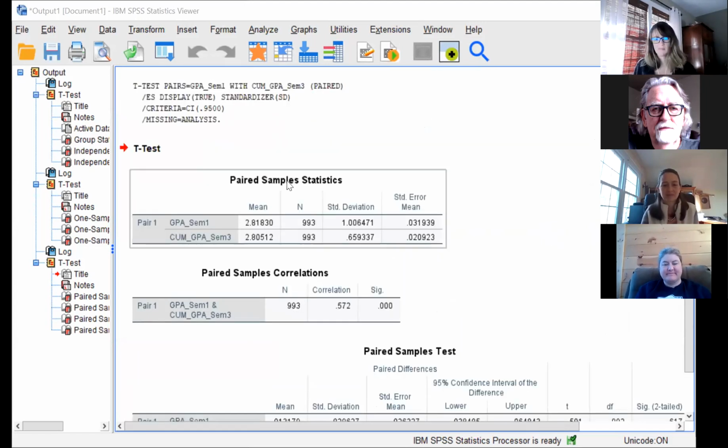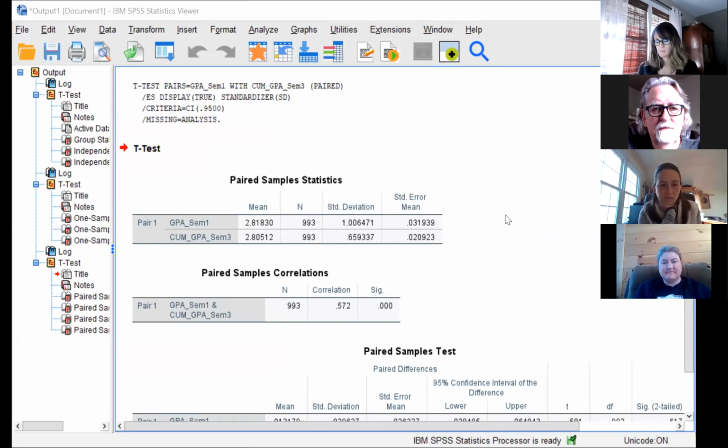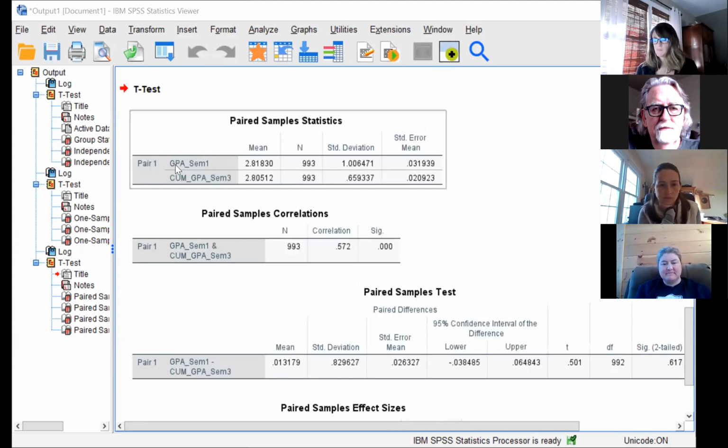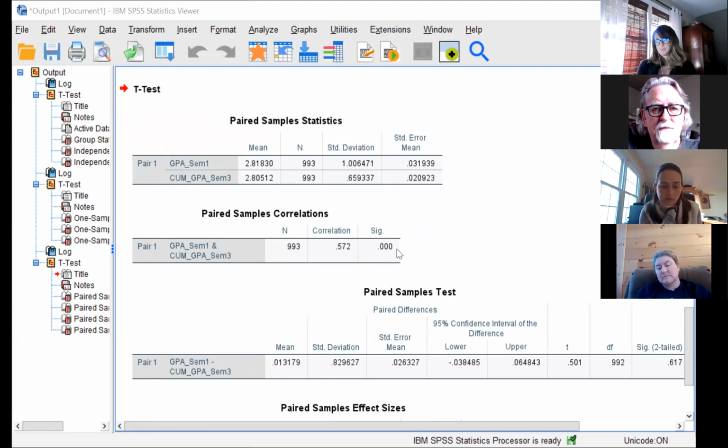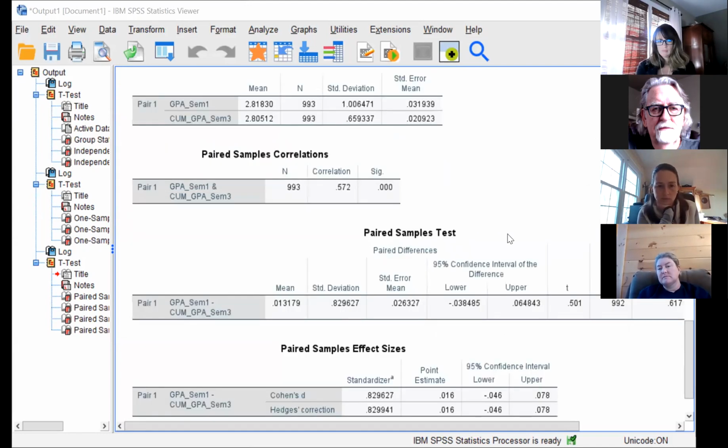So there's the paired sample statistic for the t-test. Cumulative GPA semester 1, 2.81, cumulative GPA semester 3, 2.80. Guess what? They say there is a significant difference there. I would suspect that the effect size of that, no, that's correlation, I'm sorry.